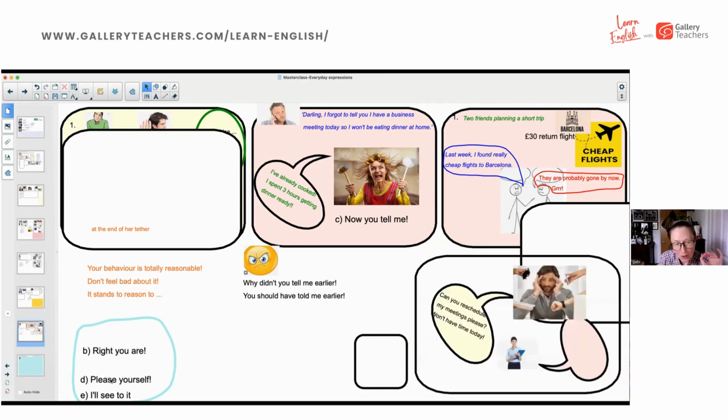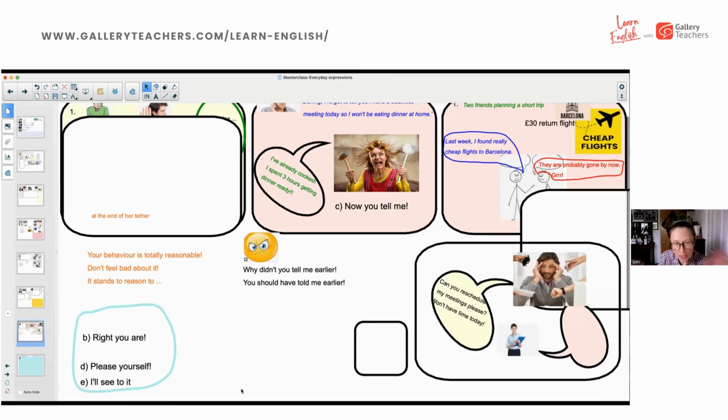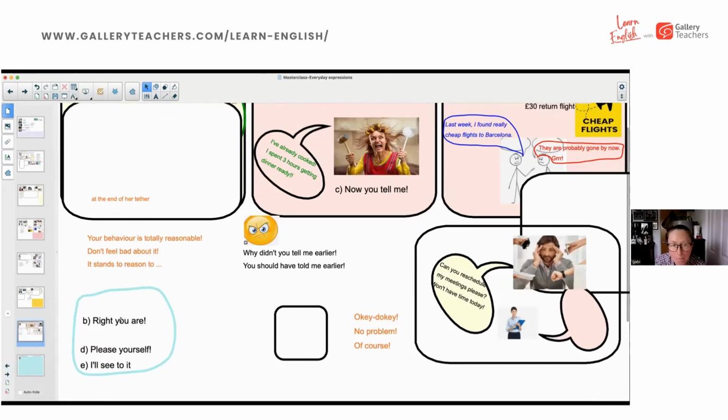So we have three expressions left. We have right you are, please yourself, and I'll see to it. Now, another scenario is a very, very busy boss, okay, and a very friendly, amicable, agreeable personal assistant. So the boss is saying, can I reschedule my meetings, please? I won't have time today. So what is this lady saying? She's very helpful. And what she's saying is okie dokie, no problem, of course. What is she saying? No. She's saying, right you are.